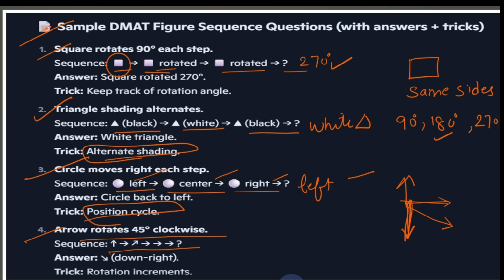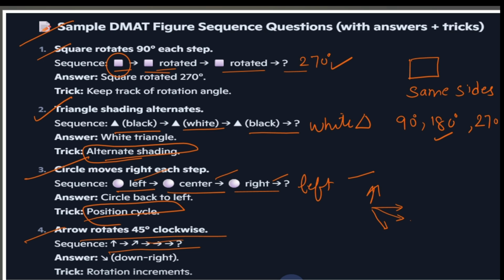Arrow rotates 45 degrees clockwise. Okay, just give me a moment, 1 second. First like this, and then like this, then like this, then here.